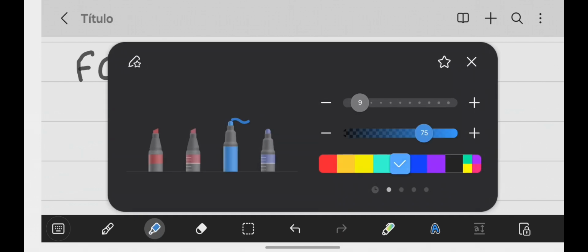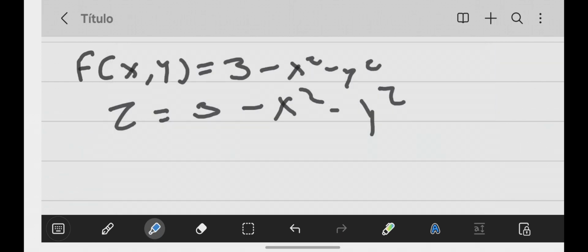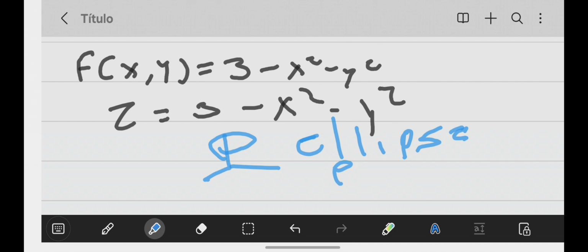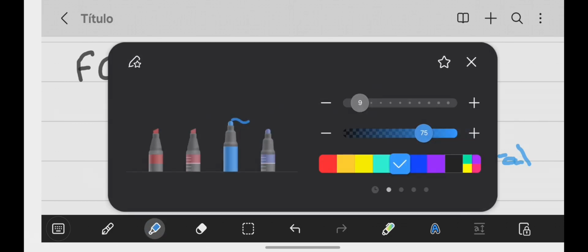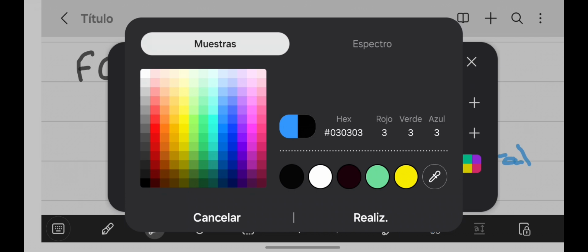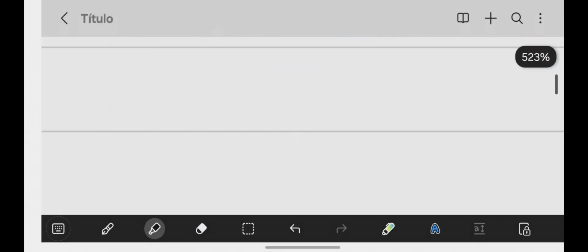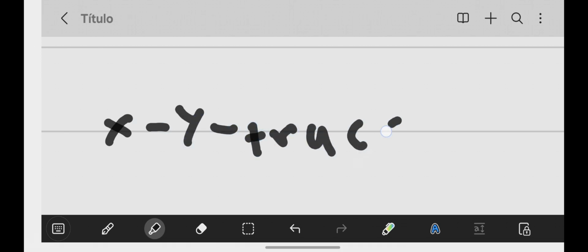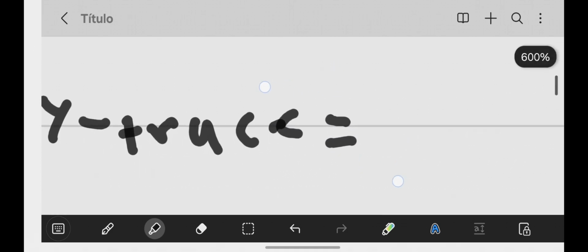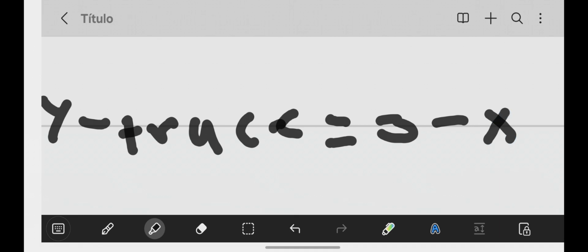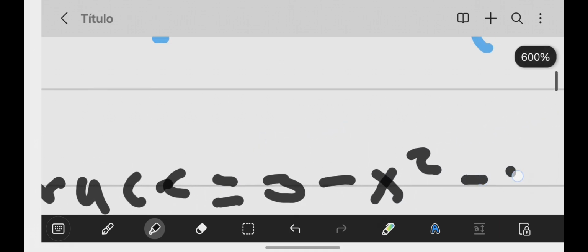Well, this equation will be a parabola. Setting z equal to 0, we get 3 minus x squared minus y squared.